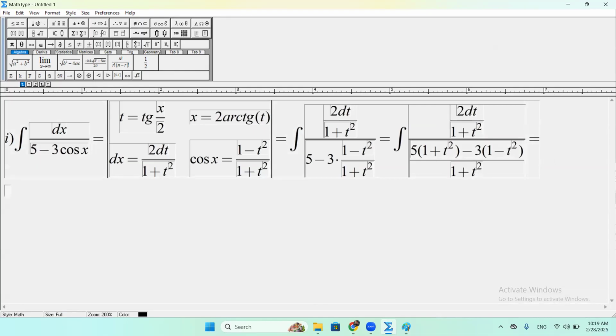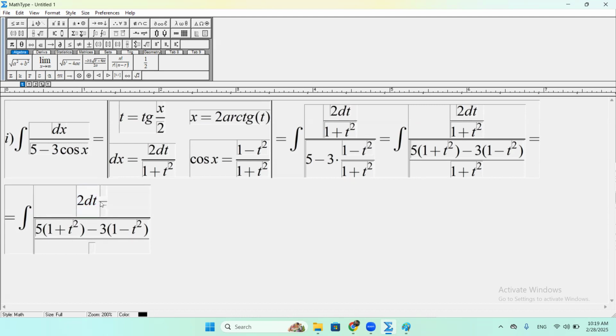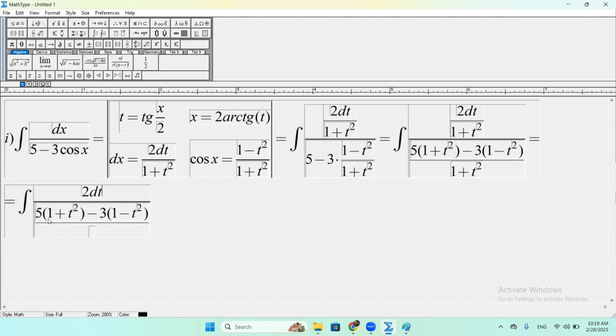minus 3 multiplied by 1 minus t square, and 1 plus t square. Of course, we will simplify this fraction. Let's reduce this and this, so we cancel such denominators, because we don't need such huge fractions. And now expand the brackets.